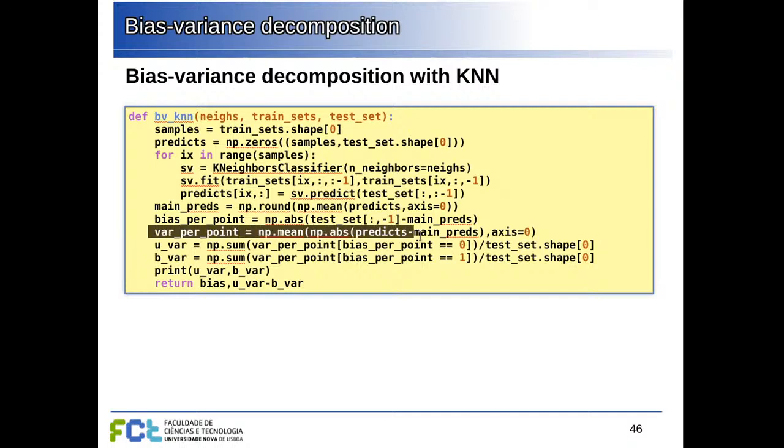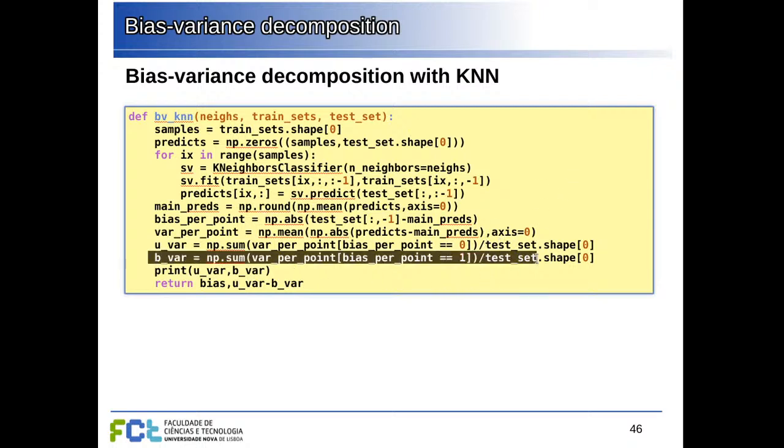Now we can compute the variance for each point. And the idea here is that we're going to look at the differences between each prediction and the majority vote. So the variance is measuring the disagreement relative to the majority on average. And now we take the two contributions of the variance. In those cases where the bias is 0, we have the unbiased variance, and we add up the unbiased variance, and we divide by the total number of points.